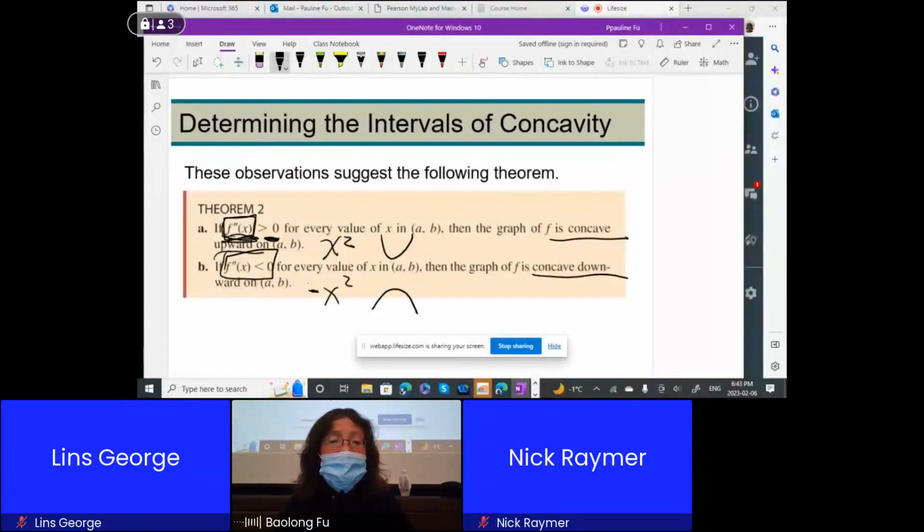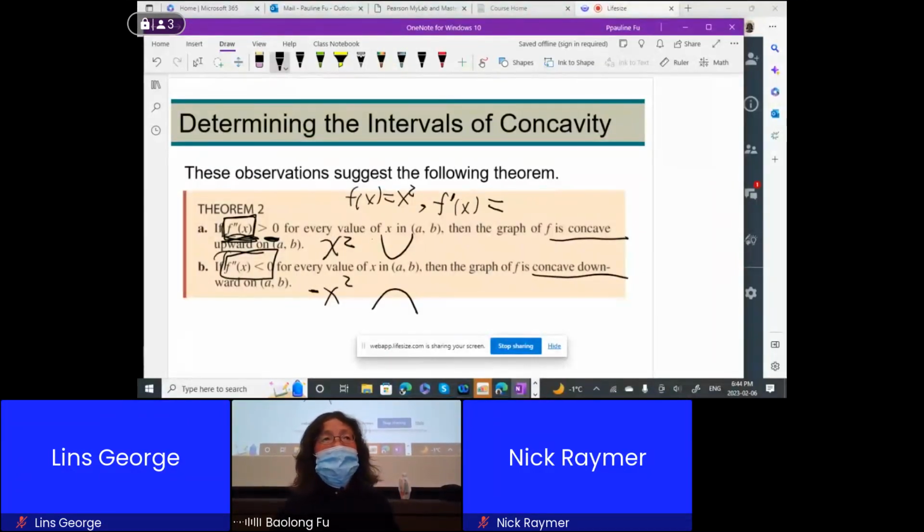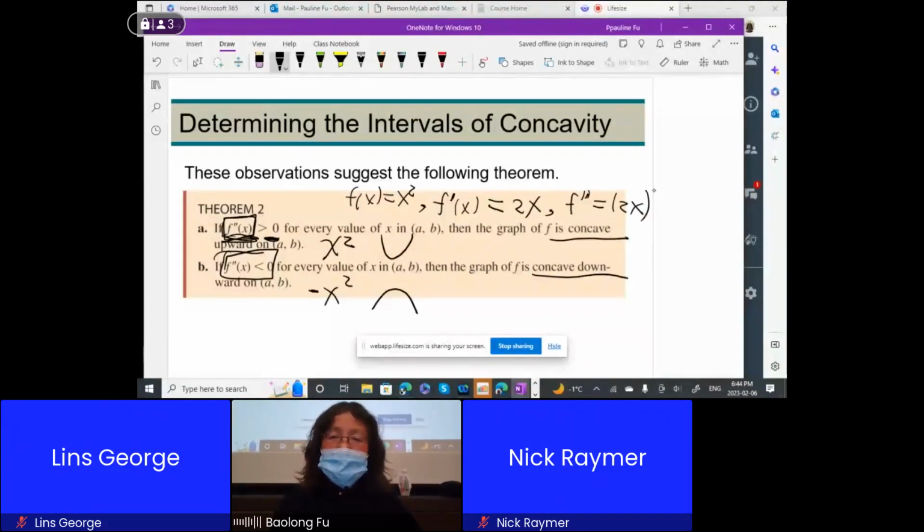And how do I know x squared is concave up? You find the second derivative. How do I find the second derivative? You find the first derivative first. So if f(x) equals x squared, the derivative of x squared is 2x, right? And the second derivative is the derivative of the first derivative.